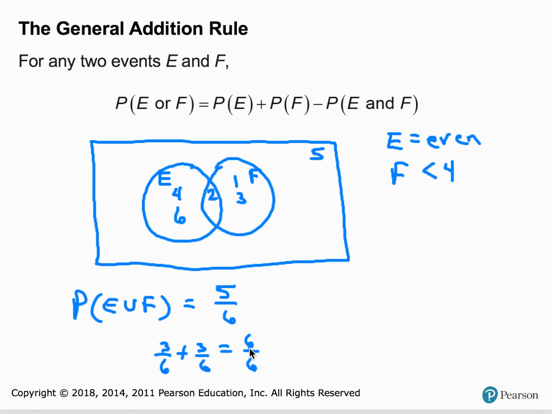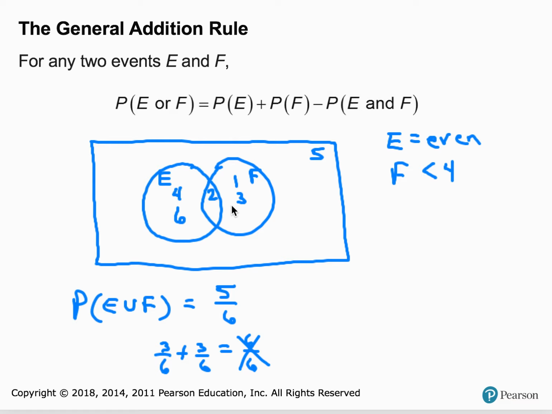Nope, that's not correct. I know it's not a 100% chance, I could get a 5, which is neither one of those. So you've got to take away the probability of both events happening at the same time.